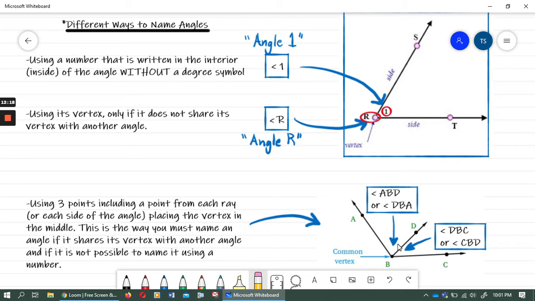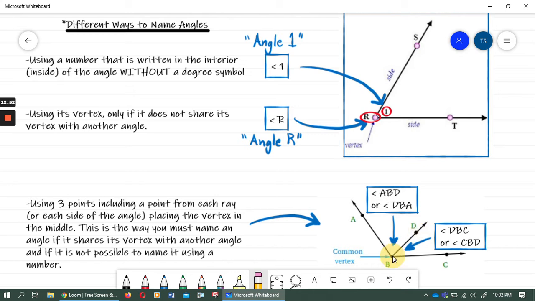So if you followed along those 3 points, A, B, D, that angle, you would have to put the vertex in the middle if you were going to name it.